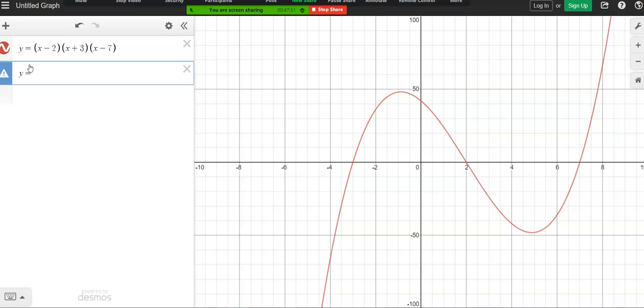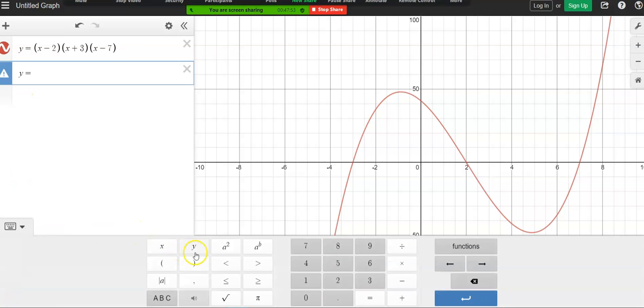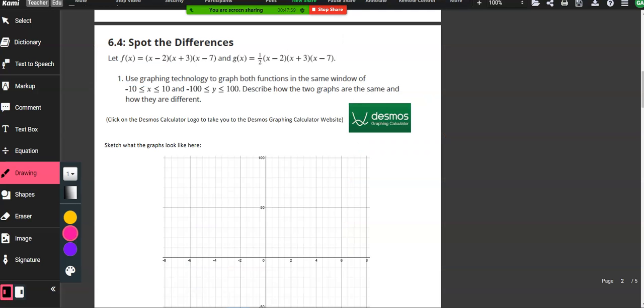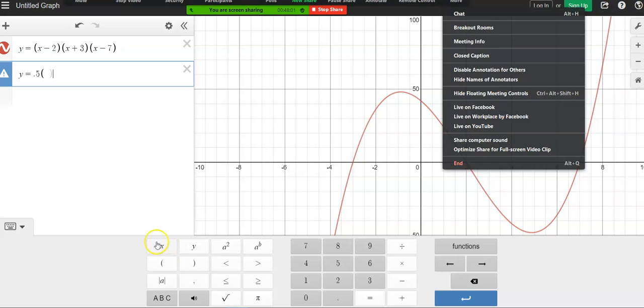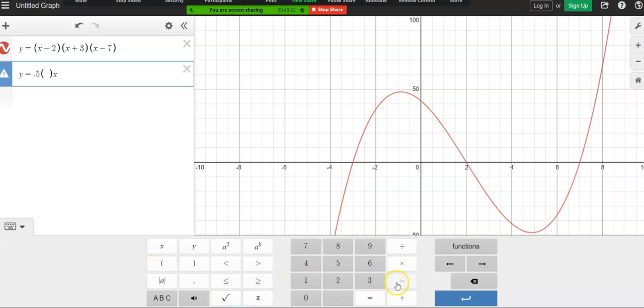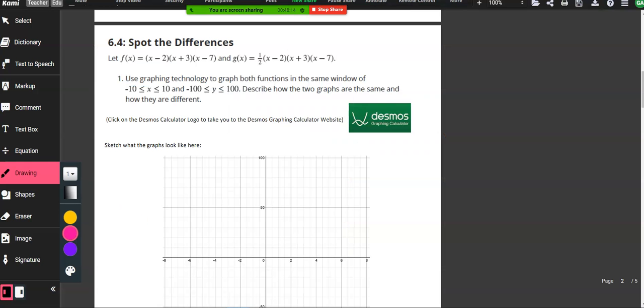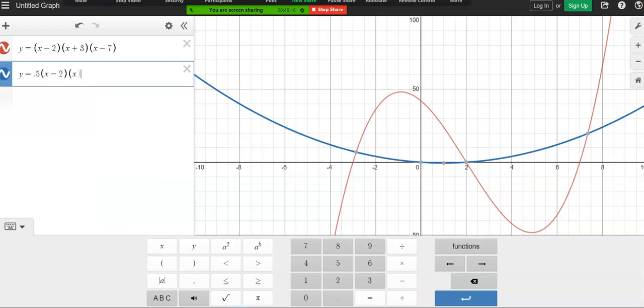So let me see. That would be y equals 1/2 is 0.5, and then it's x minus 2, x plus 3, x minus 7.